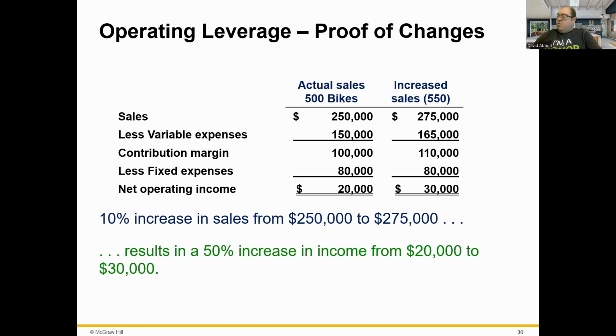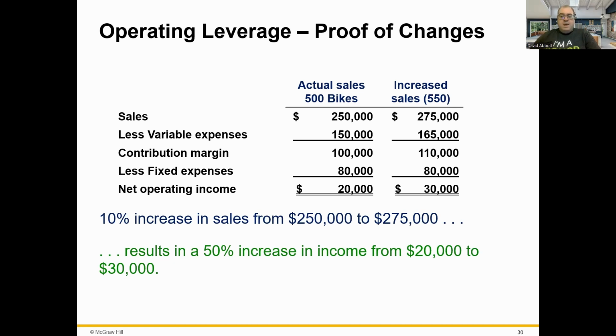So we can prepare a contribution approach income statement. So again, if you were to take 10% of sales, which is going to be 50 more bikes. So at 500, 10% of that is 50. So to increase it to 550 bikes, we would have sales of 275,000, less our variable expenses of 165,000.